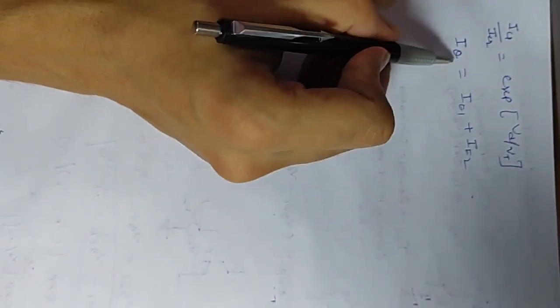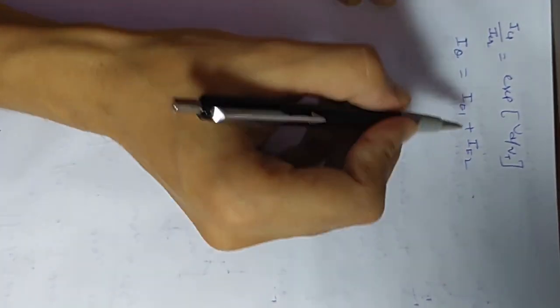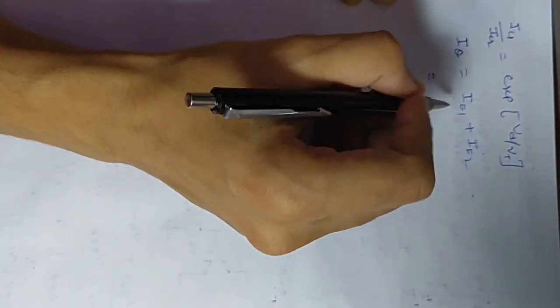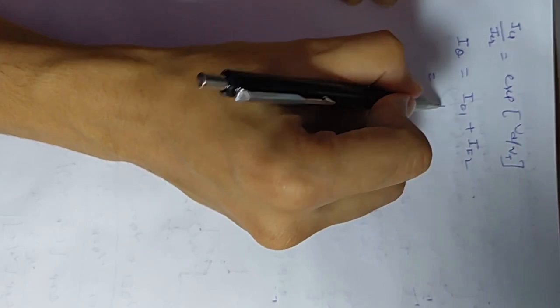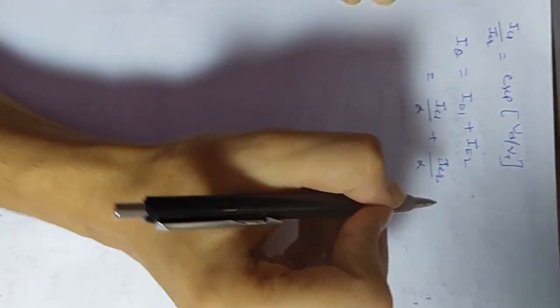That is the total current, equal to the sum of the emitter currents, and we can replace emitter currents by collector currents: IC1 by alpha plus IC2 by alpha.